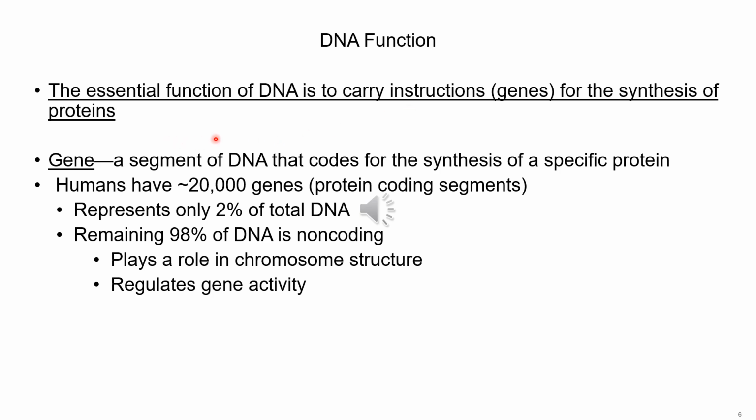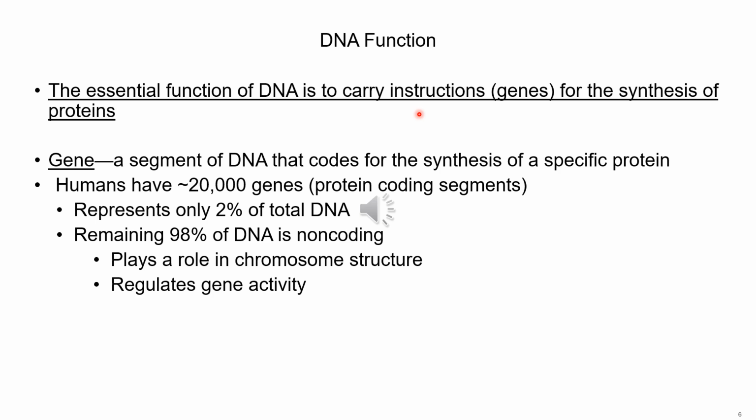If you look at the function of DNA, the main function of DNA is to carry instruction for synthesis of protein. For this, there is a process. From DNA, a messenger RNA is generated, and it is the messenger RNA that creates the protein.